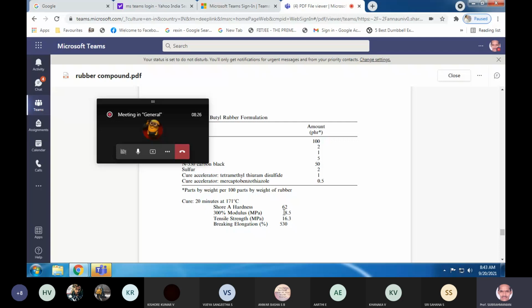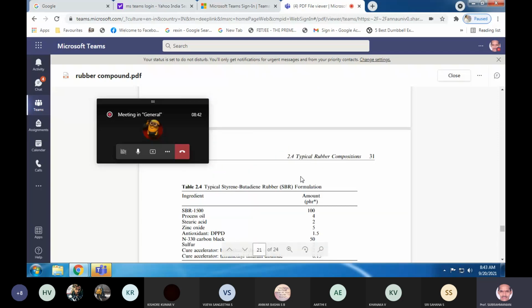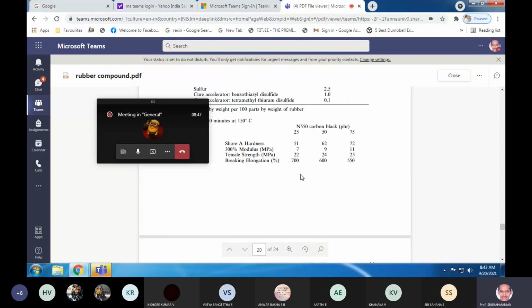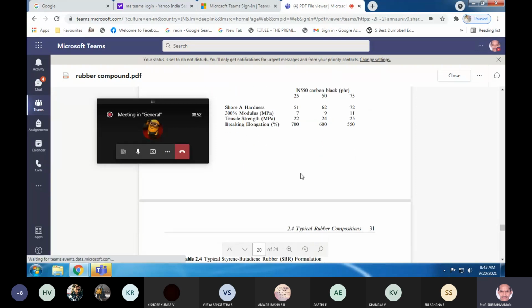So coming back to this recipe, just look at the cure temperature. It is at 170, that too for 20 minutes. And if you go back to the natural rubber, the cure temperature is just 150. And cure time is okay, 30 minutes.